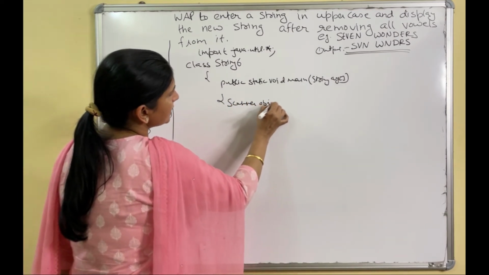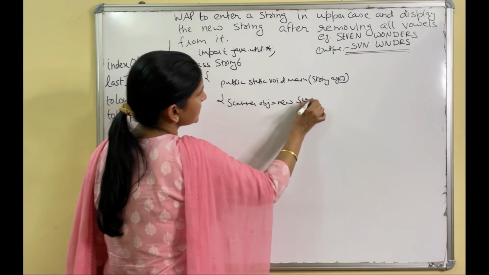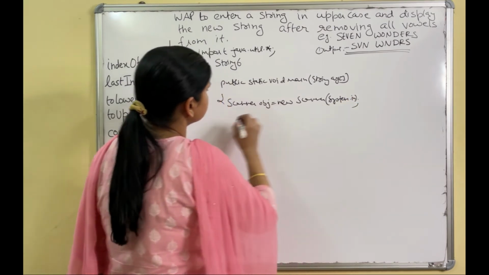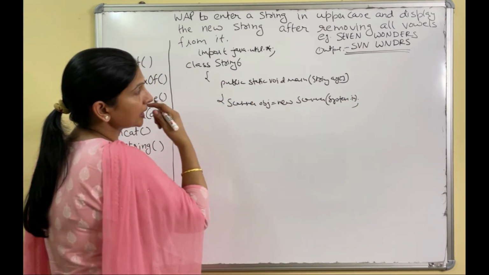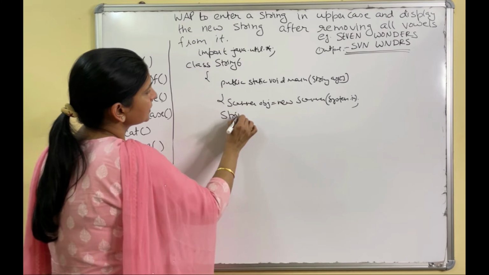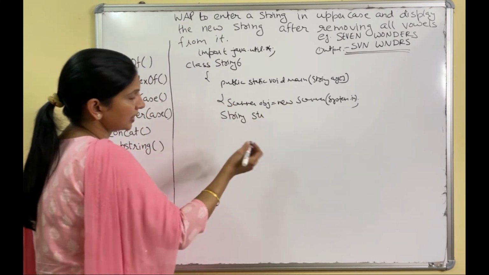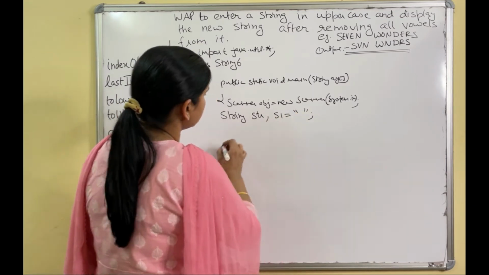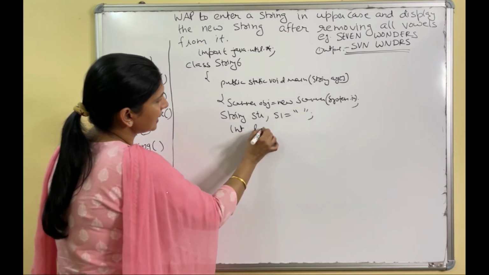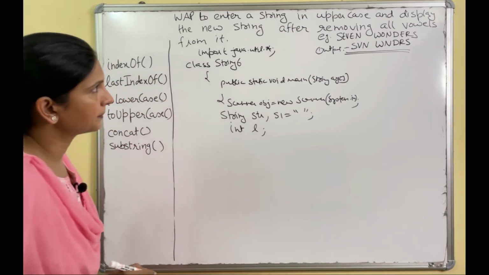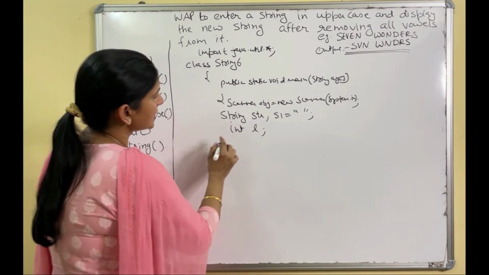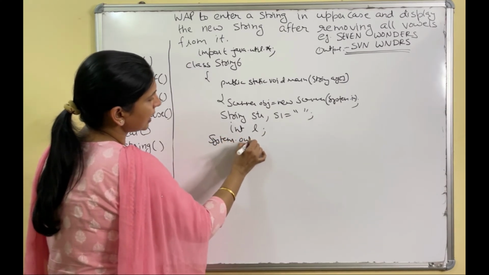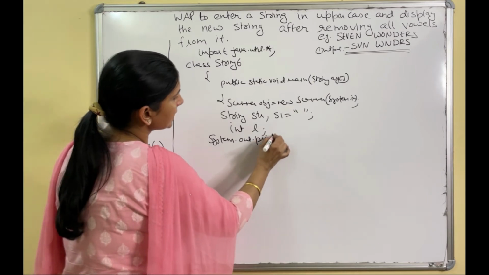Scanner obj equals new Scanner system dot in. Now we will declare the variables. One string, string str, which we will input, and one more string which we will assign as blank. One variable l for string length will be needed. So first we will give a message, system.out.println, enter a string.